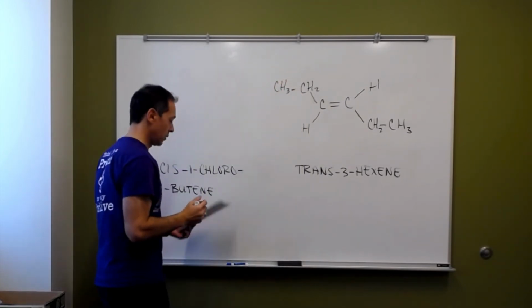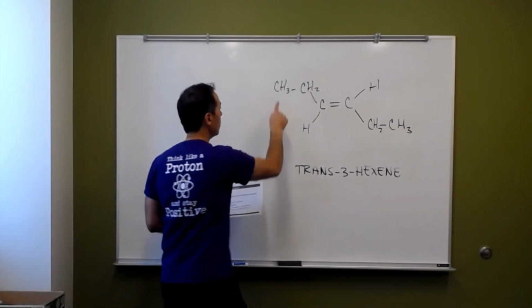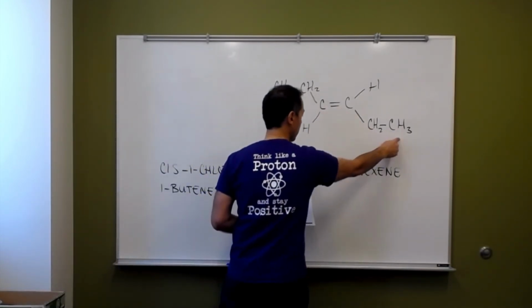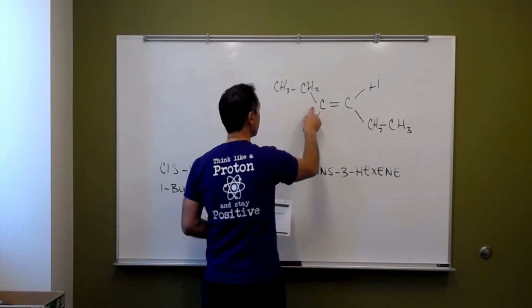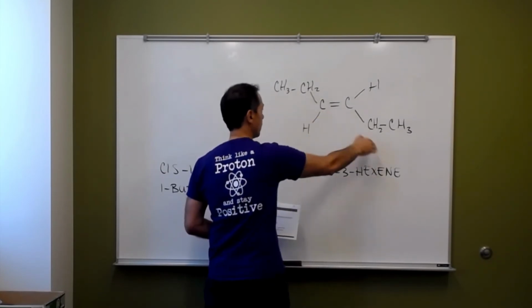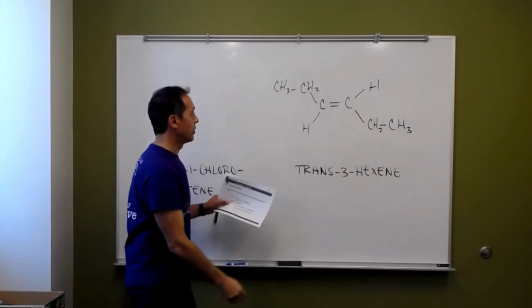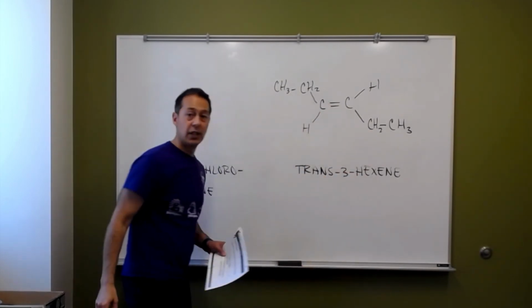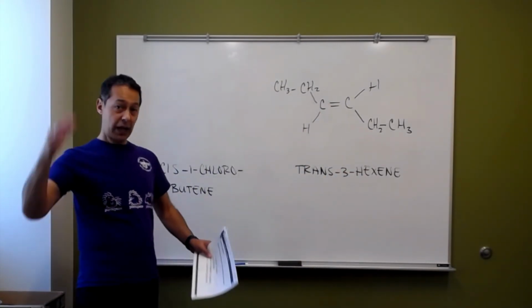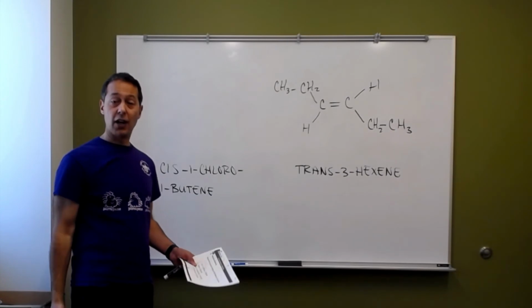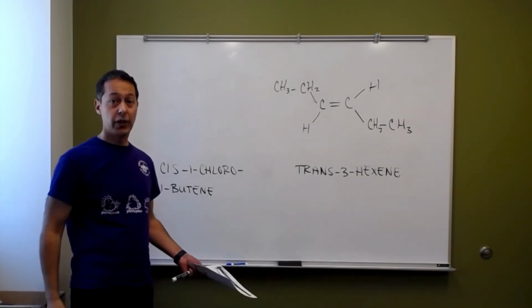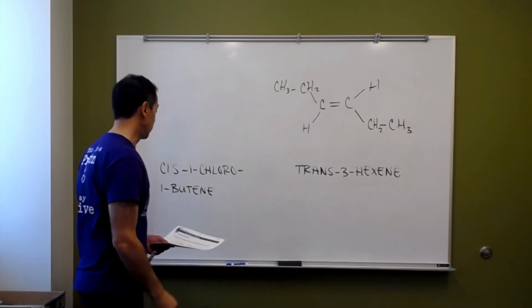CH3 like that. So 1, 2, 3, 4, 5, 6 carbons, double bond after the third carbon, and then it's trans, so on opposite sides, above and below the double bond. If you got that one, you pat yourself on the back and call home because you did pretty good there.